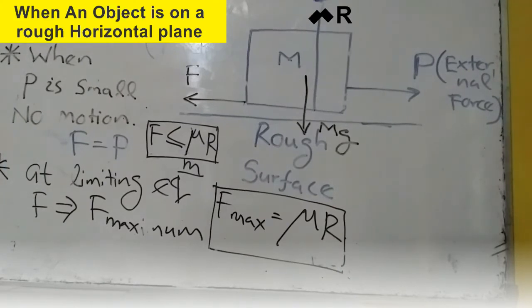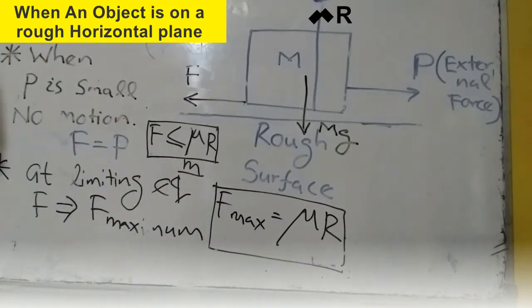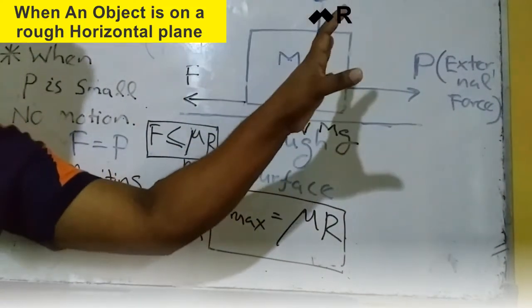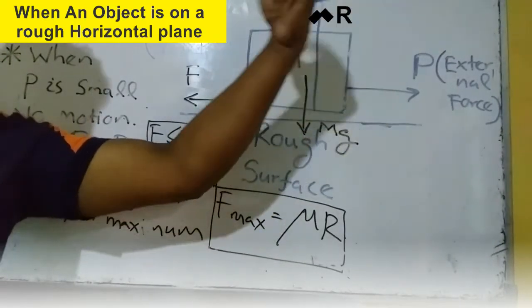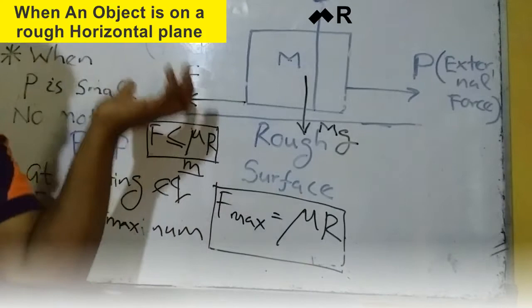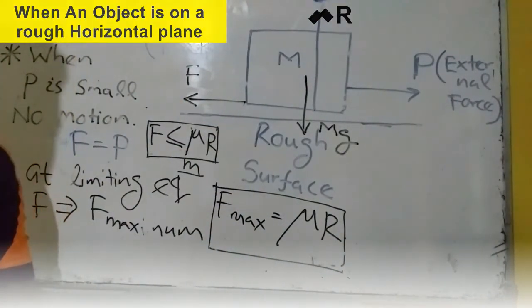But if you want to understand, when we are applying this concept in questions, what you want to do first is understand whether this object is in equilibrium at the limiting stage, or friction is less than the limiting friction, right?